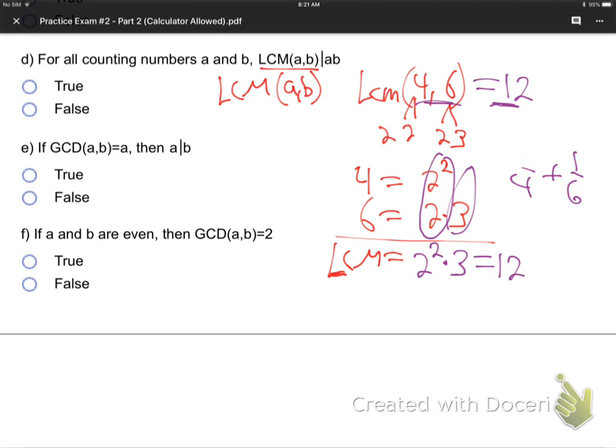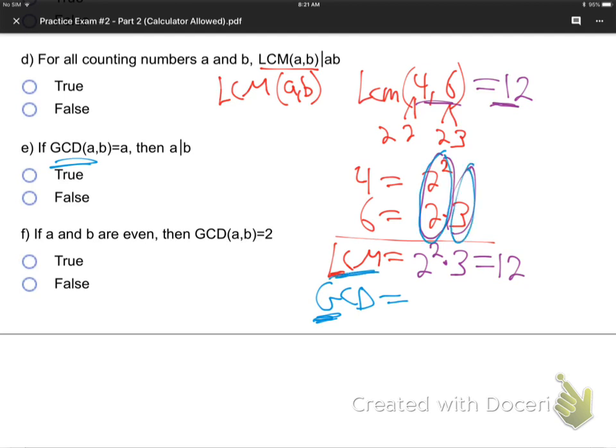That's what LCM is. By the way, since we're doing this, let's do GCD at the same time, because that's the next thing. How do you do GCD? What would be the GCD for 4 and 6? Remember, it says greatest, so we actually take the lower when it comes to primes. You take the lower when you do the prime breakdown. I broke 4 down to 2 squared, 6 down to 2 times 3.